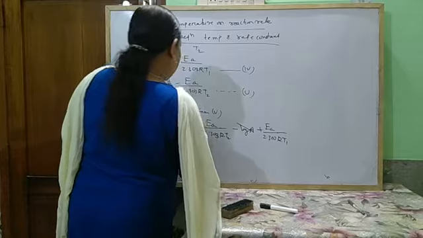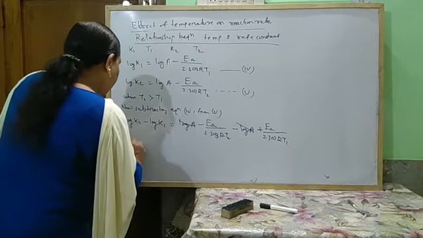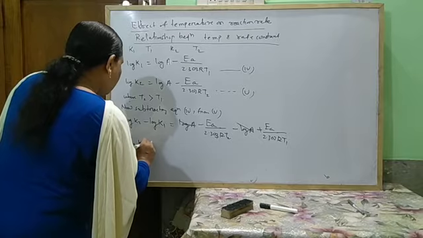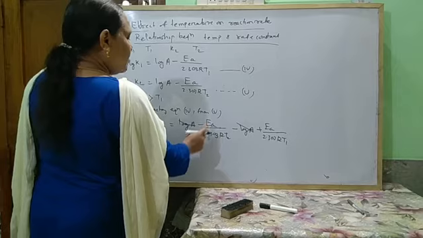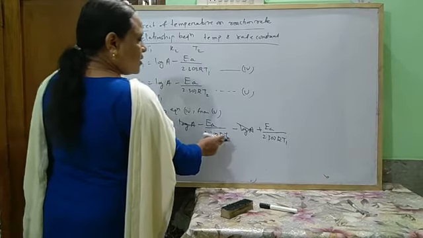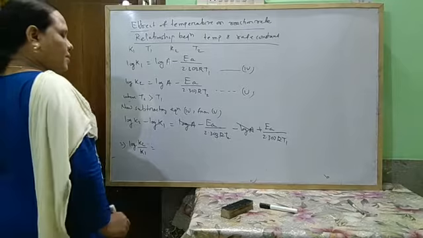Log A cancels. So this implies that log k2 by k1 equals minus Ea by 2.303 RT2 plus Ea by 2.303 RT1.